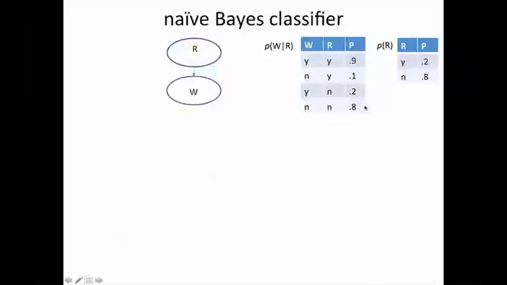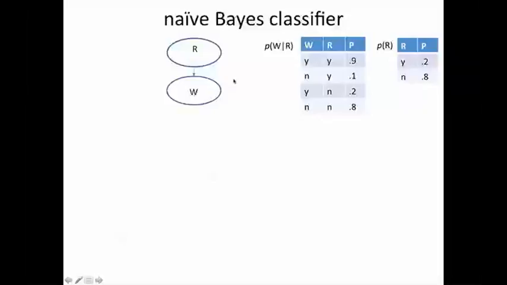Notice again that this is a conditional probability table, so the values for a particular value of rain being yes have to add up to 1. The prior or a priori probability that it rains, regardless of whether the grass is wet or not, is say 20% of the time it rains in this locality and 80% it doesn't rain.